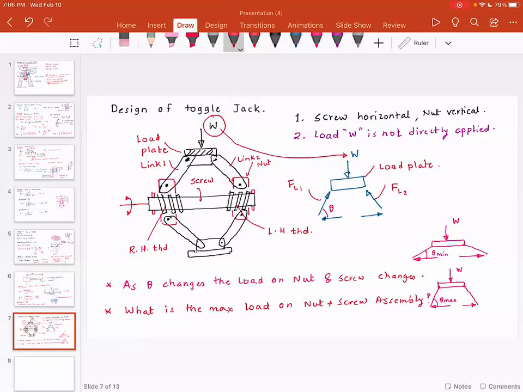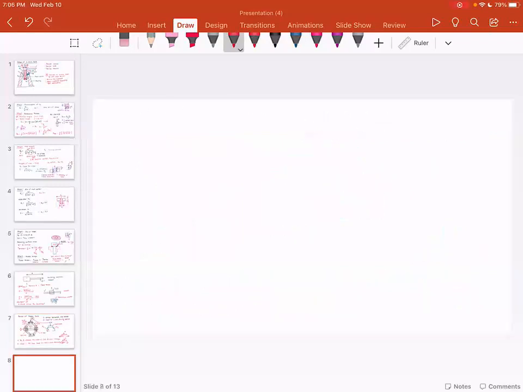Because if we design the nut and screw assembly for the maximum load, then it should be able to take the minimum load. The way this is done is using a simple static equilibrium, and I'm going to show you how the static equilibrium can be carried out. So let's look at the load plate.